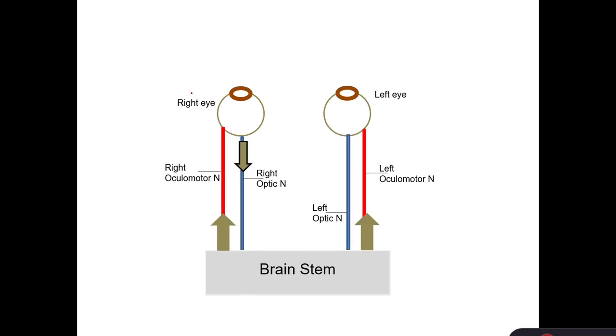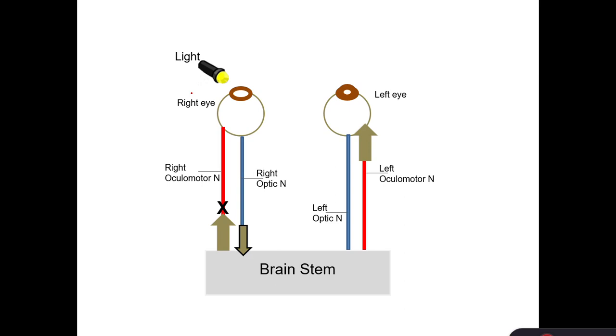Now, how about if you shine the light in the right eye and then the right optic nerve takes the signal to the brain, which is the center, then only the left eye pupil constricts. What does this mean? This means that the right oculomotor nerve is damaged.